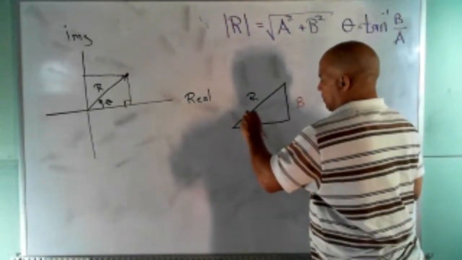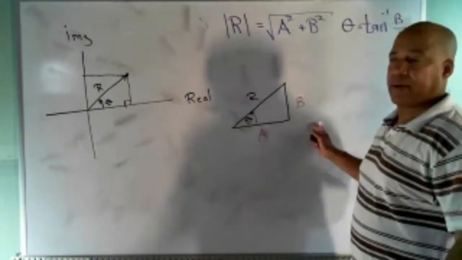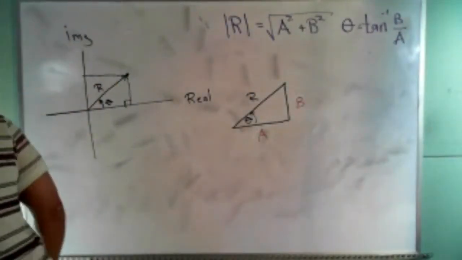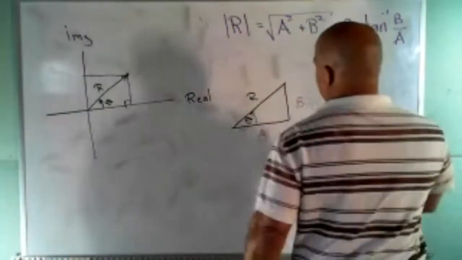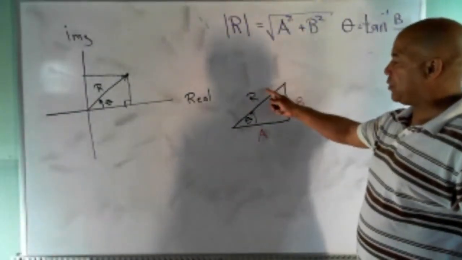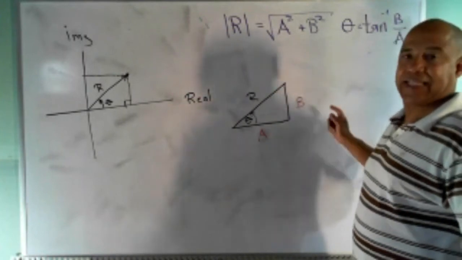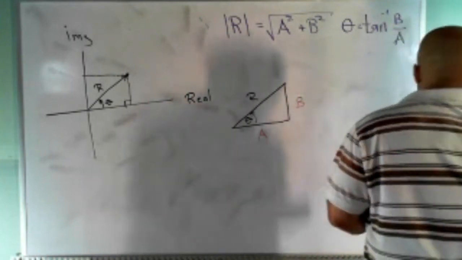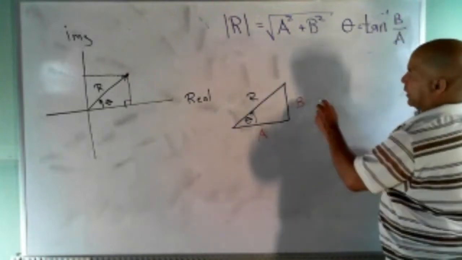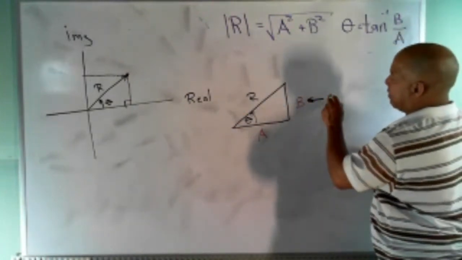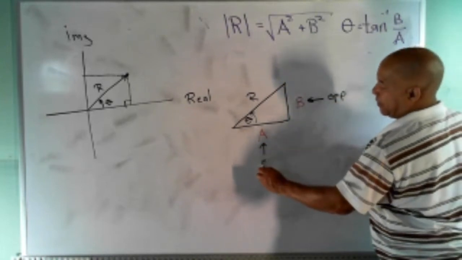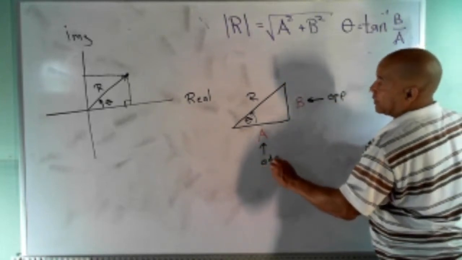So if they gave us R and theta, how would I get A and B? Well, that's just some simple trig stuff that you learn. If I know the hypotenuse and an angle, how do I get a side? Let me go ahead and name this again. This side right here is the opposite side. This side right here is the adjacent side.